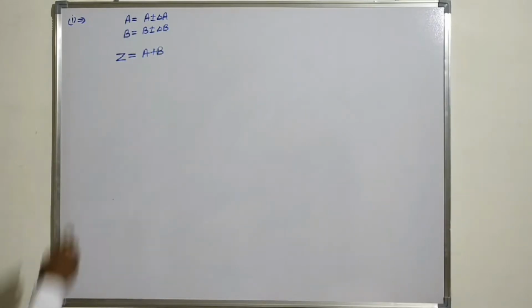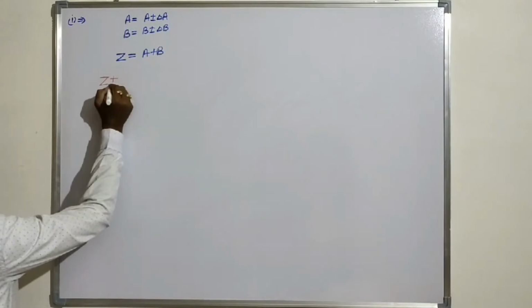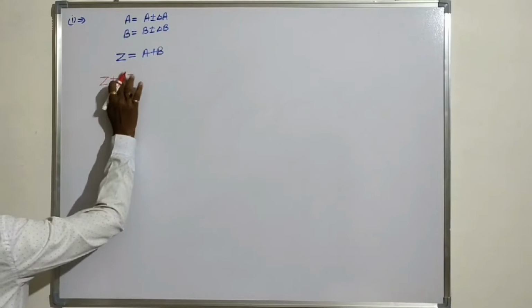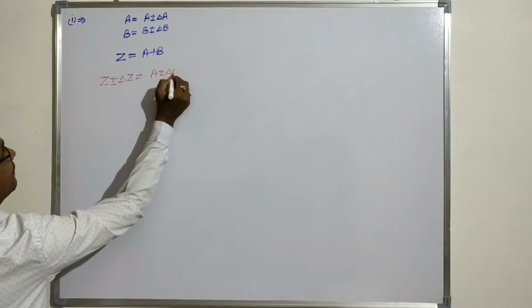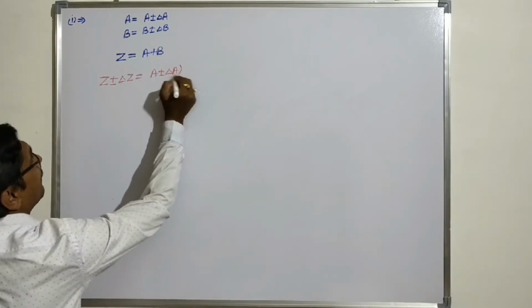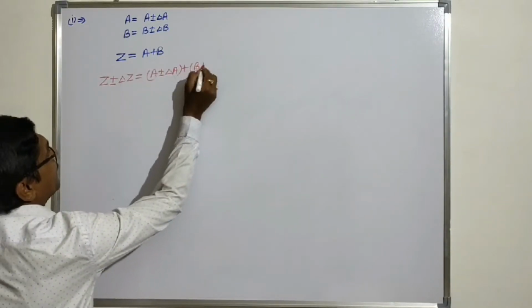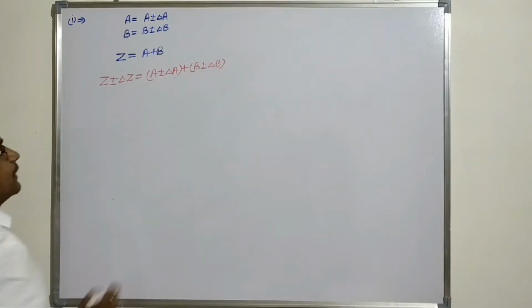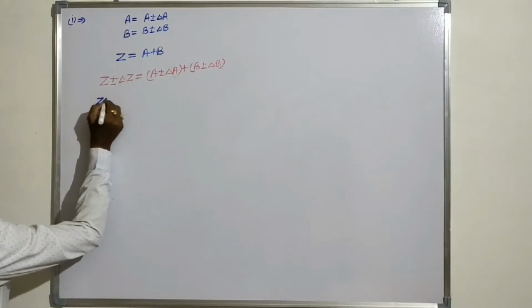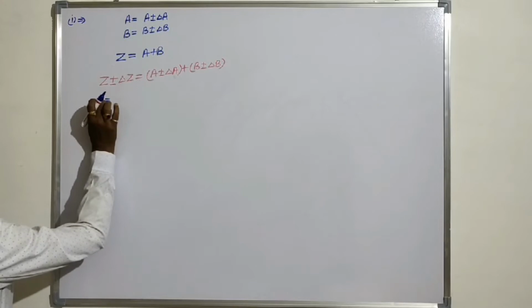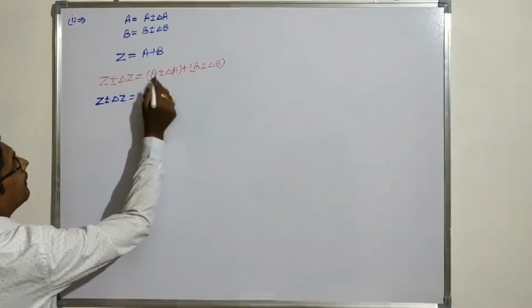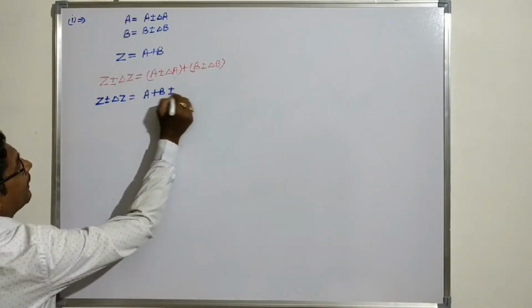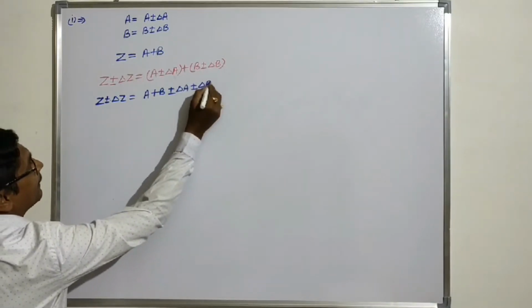Z is the value and the error in Z is plus minus delta Z. So Z plus minus del Z is equal to A plus minus del A plus B plus minus del B. By using this operation we can write Z plus minus del Z is equal to A plus B plus minus del A plus minus del B.